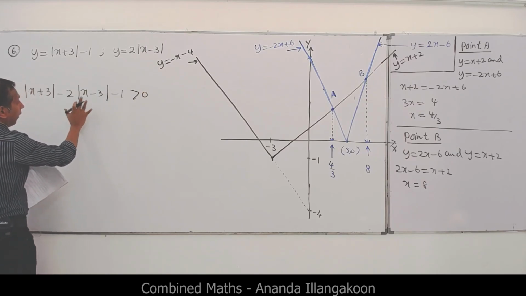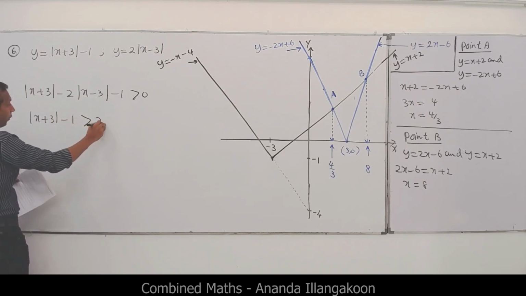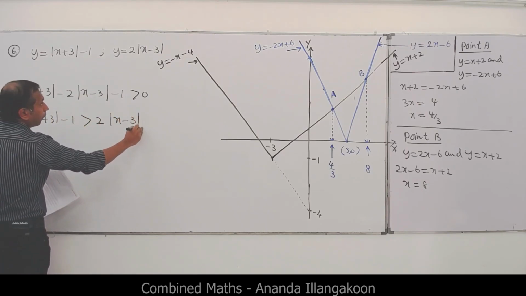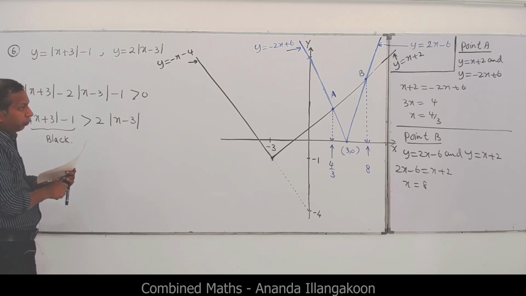I take this to the right hand side: mod x plus 3 minus 1 greater than 2 mod x minus 3. You can see in the diagram, this is the black graph. In the diagram, this is the blue one.